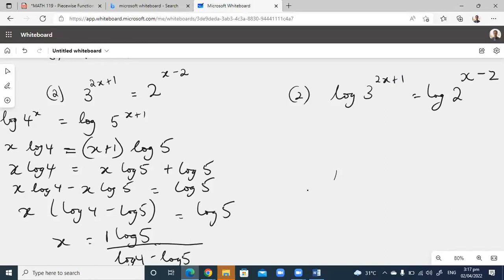Then you apply the rules of logs, you'll get 2x plus 1 log 3 and x minus 2.